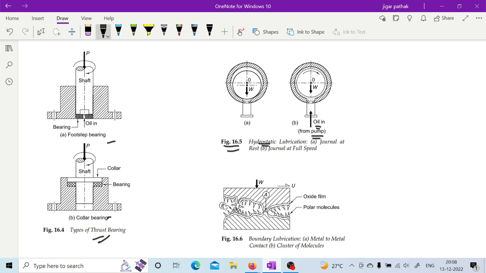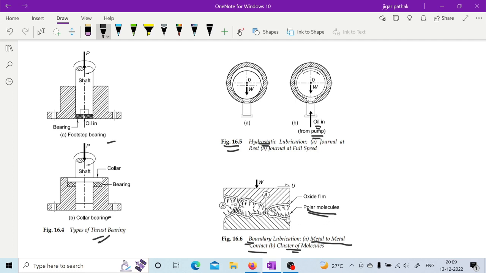Now, in the case of boundary lubrication, the film is very thin. So at some places you may have metal to metal contact, as mentioned here at place A, while at other places there are clusters of molecules, as mentioned at B. In this case a type of lubricant is used which has polar molecules.